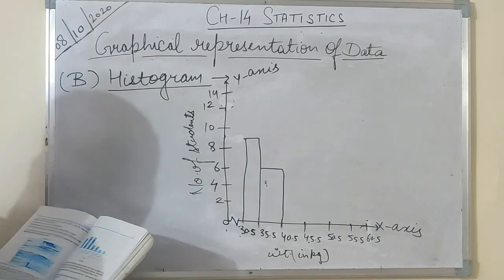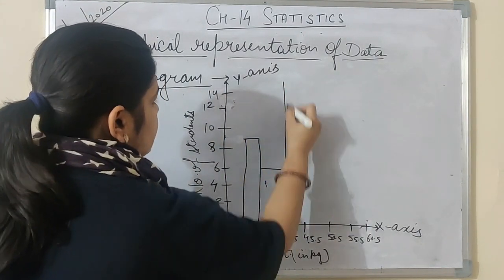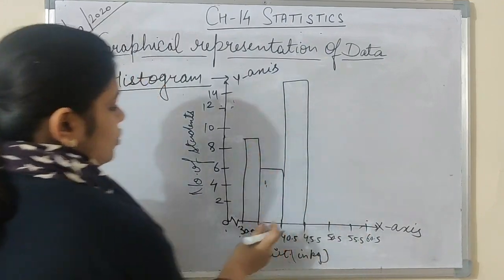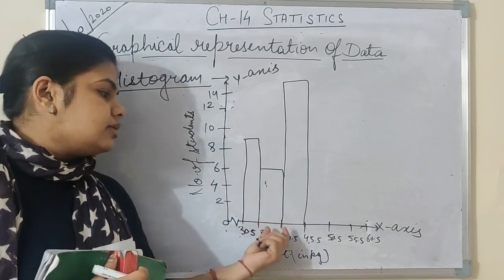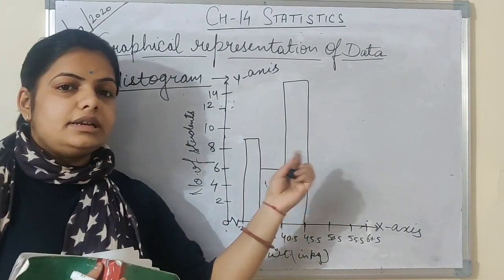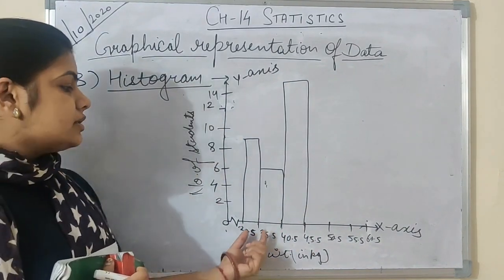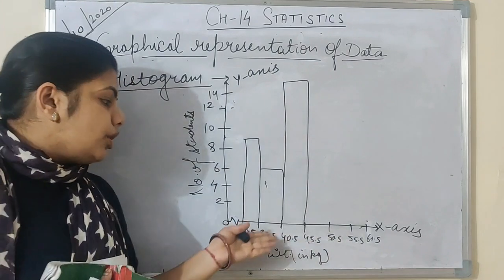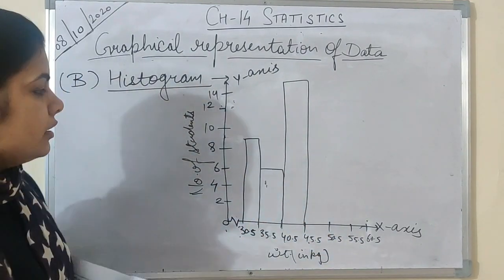Then for 40.5 to 45.5, the number of students is 15, so here you will draw. You are observing that after one bar there is no spacing. But in a bar graph there was spacing after each and every piece of information. Here, as there is no spacing, continuous data is mandatory in the case of a histogram.